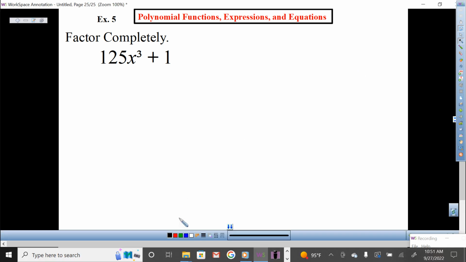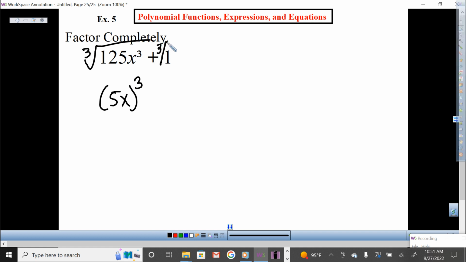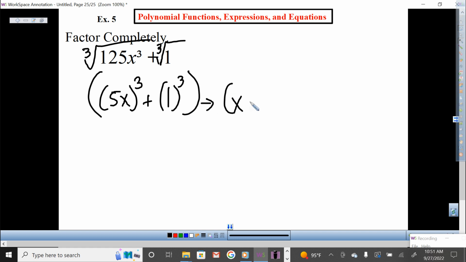Here goes the process one more time, just in case you're still having issues with this one. Cube root of 125x cubed was 5x to the 3rd. Is that correct? From there, cube root of 1 is 1. And that's a sum. So that means when we use our identities, we got x plus y, x squared minus xy plus y squared.